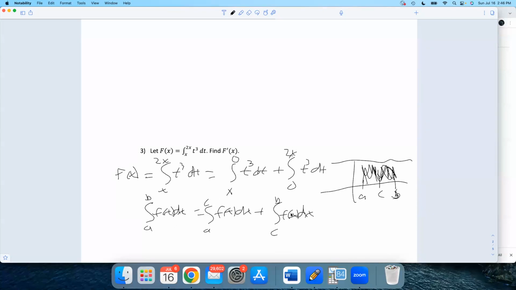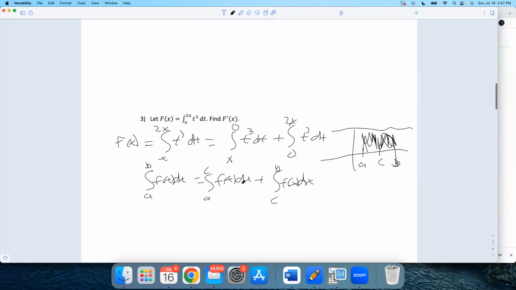That's how we usually use this property. But this statement is true no matter where c lives, even if c is over here somewhere. So the statement I've written here is true no matter what. So I'm allowed to split this integral up by going from x to 0 and then again from 0 to 2x. Now, why would I want to do that?